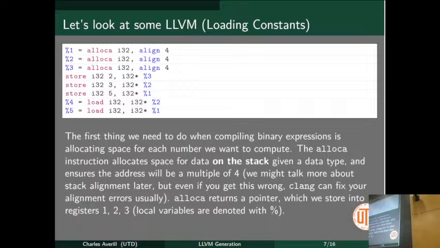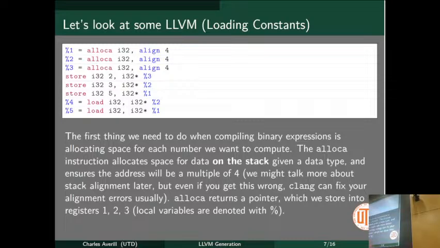If you've done any x86 programming before, there's a good chance that you've had bugs dealing with stack alignment. MIPS is more resilient in my experience to those, but just as a rule of thumb, whenever we allocate space on the stack, we always want to align it to the byte width of the type that we're allocating. And so we allocate for 3 integers, 2, 3, and 5.